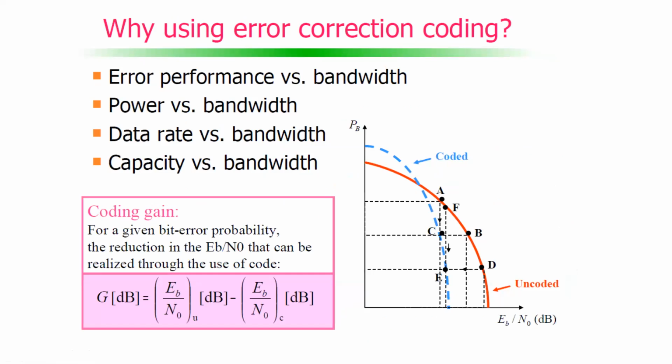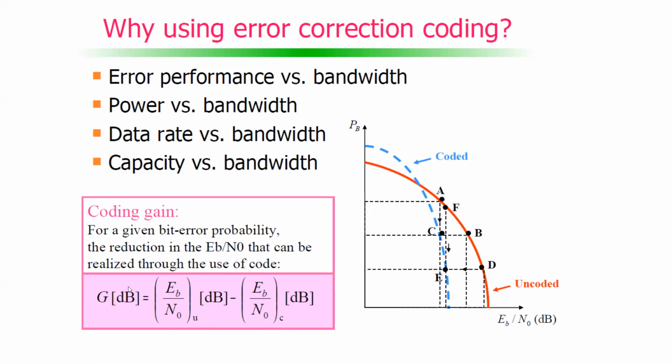Then this is the coding gain that we will achieve. This G is the coding gain that we will achieve if we transmit the data in the coded form. This Eb/N0 is the signal to noise ratio for the uncoded signal, and this Eb/N0 is the signal to noise ratio for the coded signal.